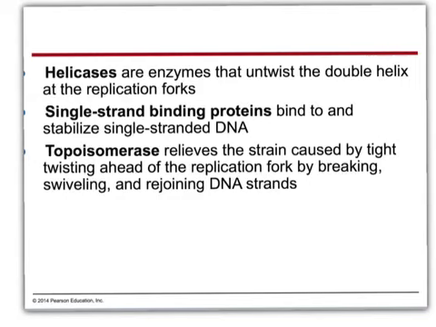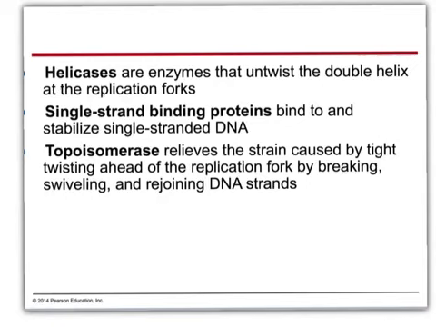All right, so it acts downstream of the helicase. So as helicase is unwinding the DNA, right, it's pulling it open. Ahead of the replication fork, the helix is getting tighter and tighter and tighter. Think about if you had a rubber band and you twisted it over, right? So it's sort of a rope pattern.